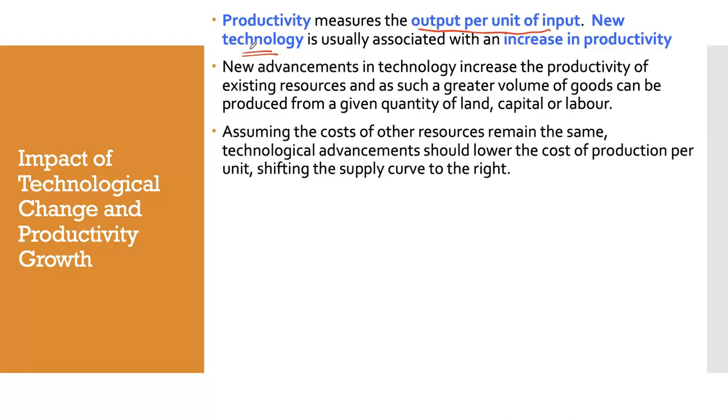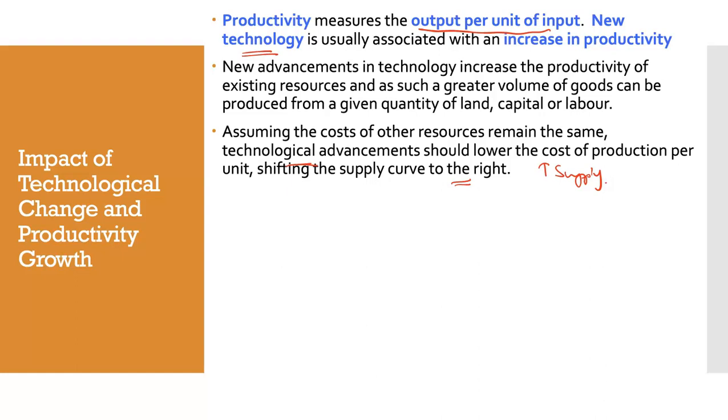So assuming the costs of the resources stay the same, technology advancements can increase your productivity and actually lower the cost of production per unit, shifting the supply curve to the right, increasing your supply at all price points.